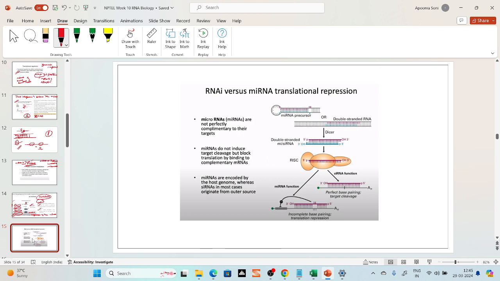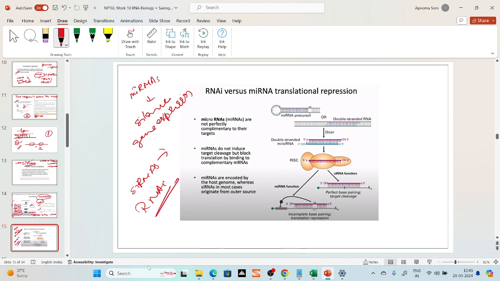And we have also studied that microRNAs, that is miRNAs, also silence gene expression. And siRNAs are doing RNA interference, and they are also silencing the gene expression.